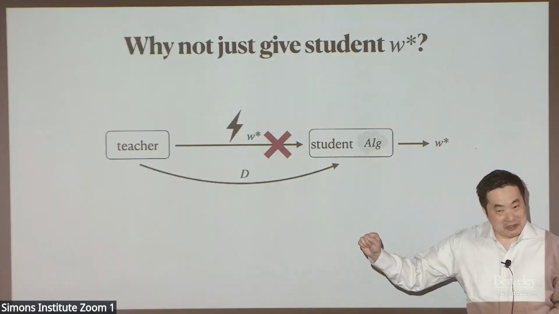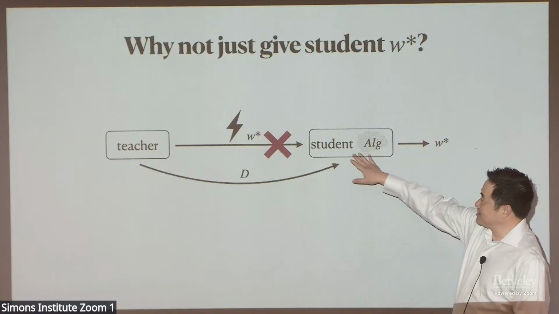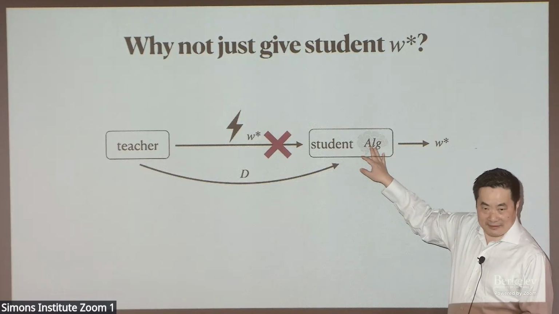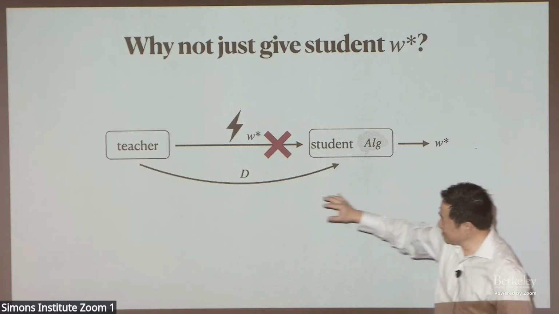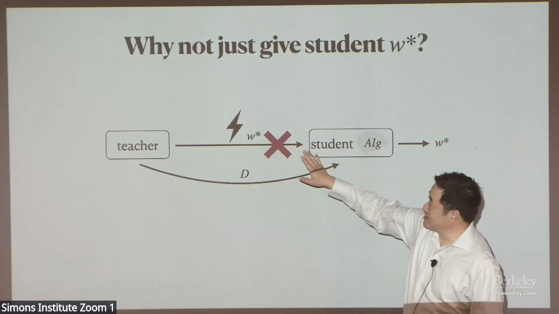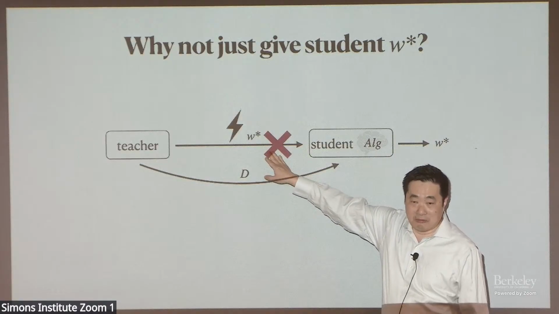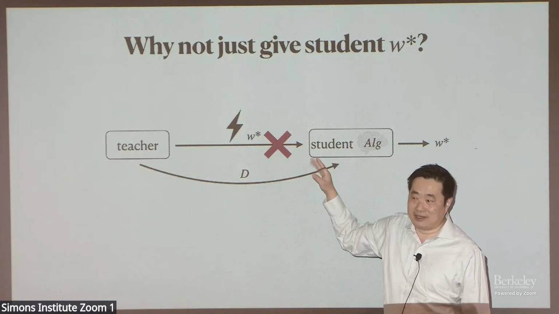One is human education, where the teacher is literally a human teacher and the student is a human student. But we're going to model how the student learns as a learning algorithm in its head. So the teacher cannot really just burn neural weights into a student's brain, not yet.